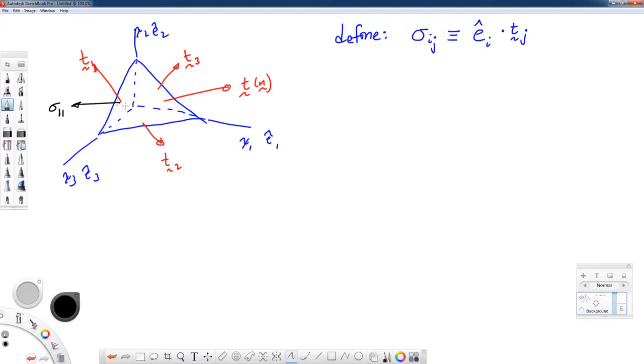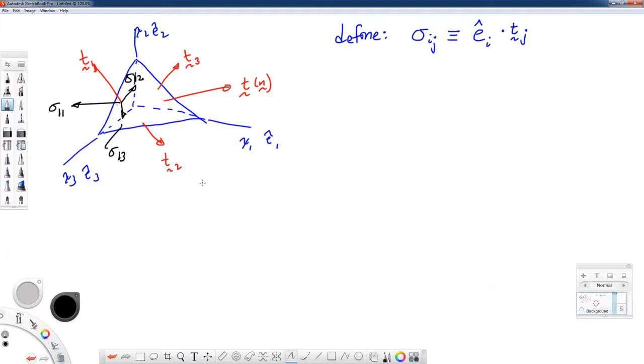We're going to have a projection of T1 in the 3 direction and in the 2 direction. So I drew the 3 first. Okay, this one would be sigma 1, 2. See that one very well. Sigma 1, 2, and this would be sigma 1, 3.